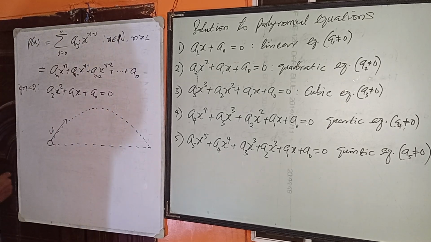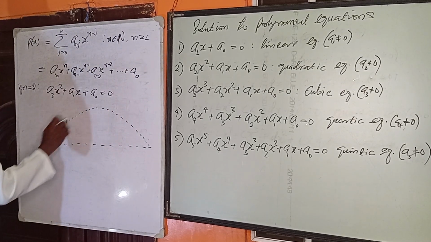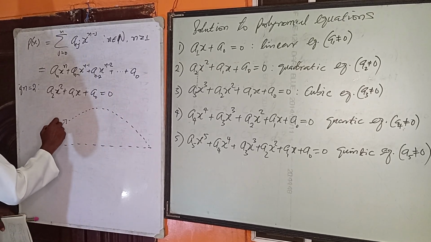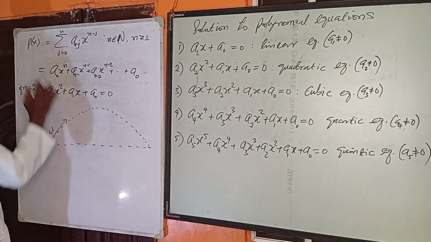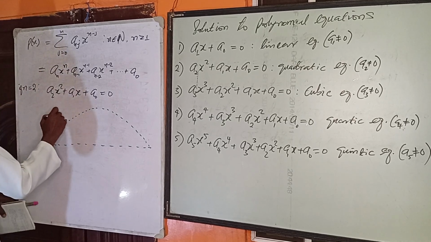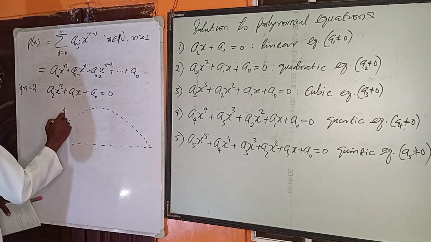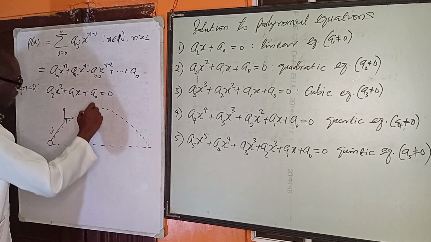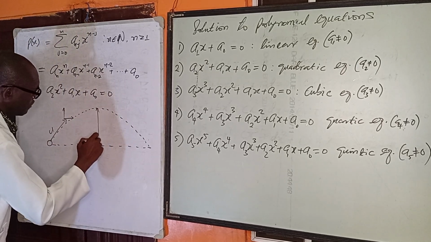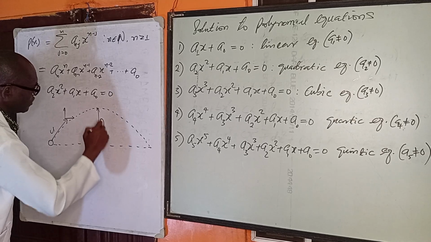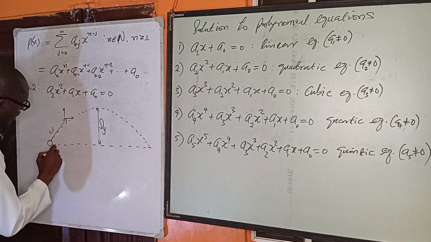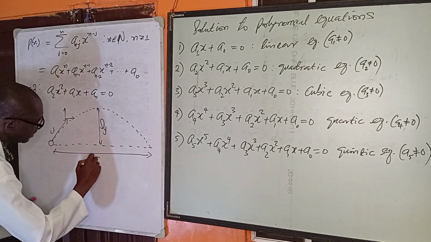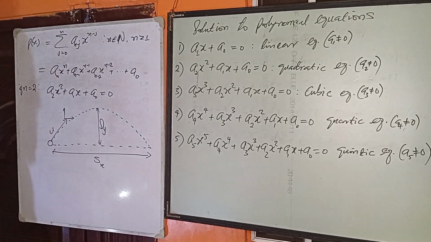Now, if you observe, at any point tangential to this trajectory or this curve, this particle has a horizontal component and also a vertical component that makes it cover both a vertical distance, which I represent with y, and also a horizontal distance, which can be represented as x.